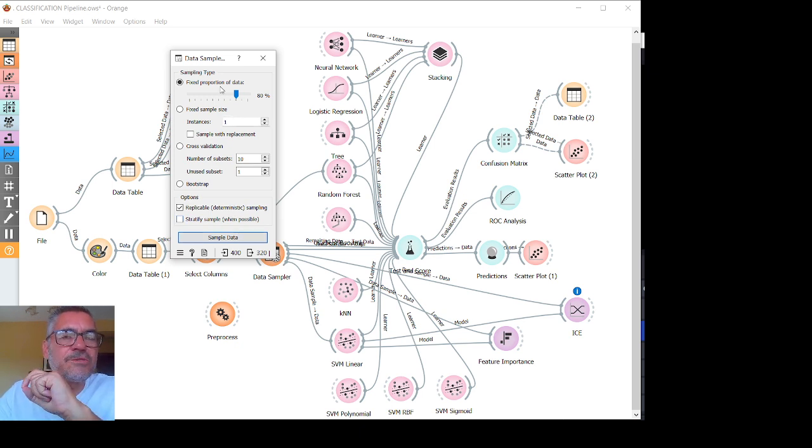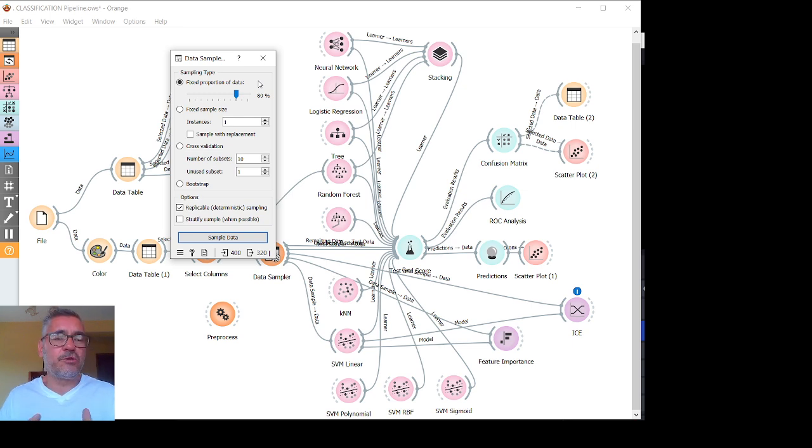So here we select this fixed proportion of data. Basically what we do in this node, the data sampler, is define which part of the data is going to be used as the training data and what part is going to be used as the test data. Here I keep the default value at 80%, so 80% of the data are going to be used to train the different machine learning algorithms, and 20% of the data are going to be left outside.